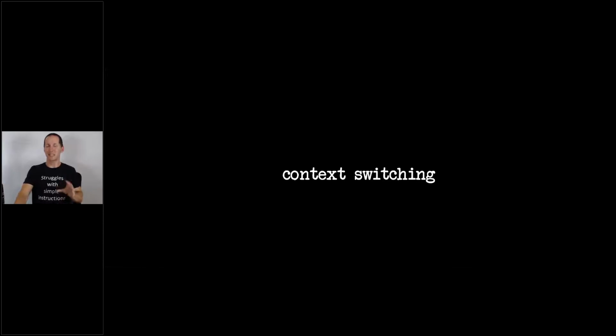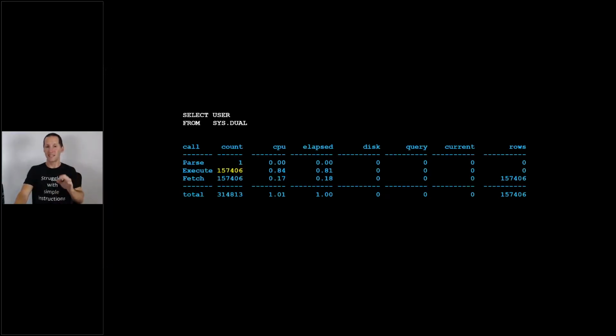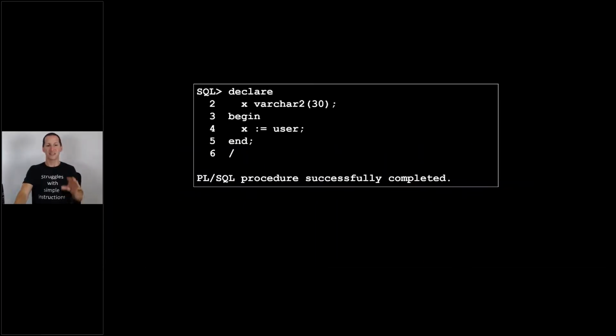Where's the pain point? It's actually what we call context switching. The trigger fires every time for every single row. And when I look further down in the trace, I see this interesting anomaly. I did a select user from dual 157,000 times. Now, I didn't code select user from dual, but unfortunately, whenever you do a variable of something equals user in PL/SQL, that is implemented behind the scenes with a select user from dual.